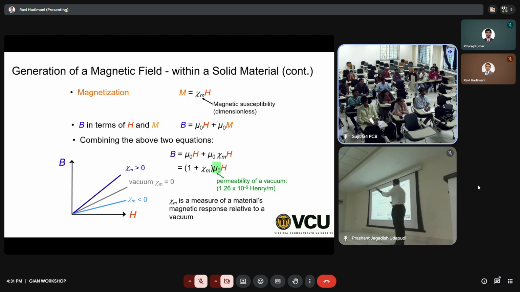But for simplicity, for applications, you don't need to go that deep. All you need to understand is B and M are related. If somebody gives you M, you can determine B by using susceptibility as well as permeability, and H is your variable. So for any given field, you know what M or B is.